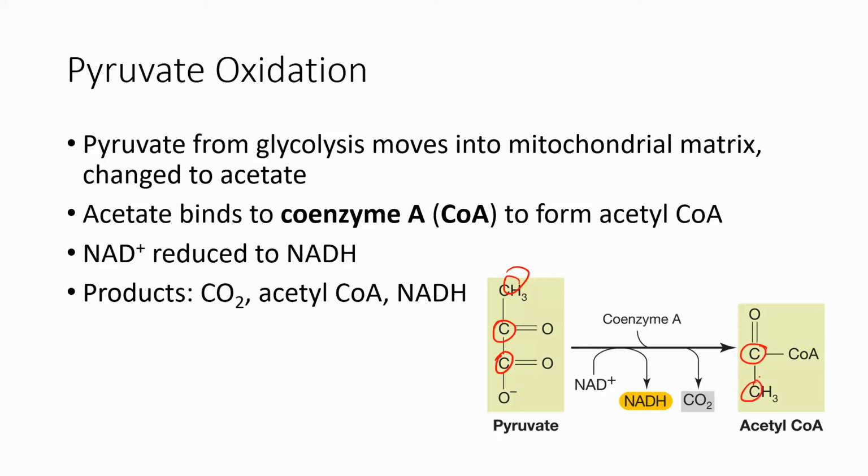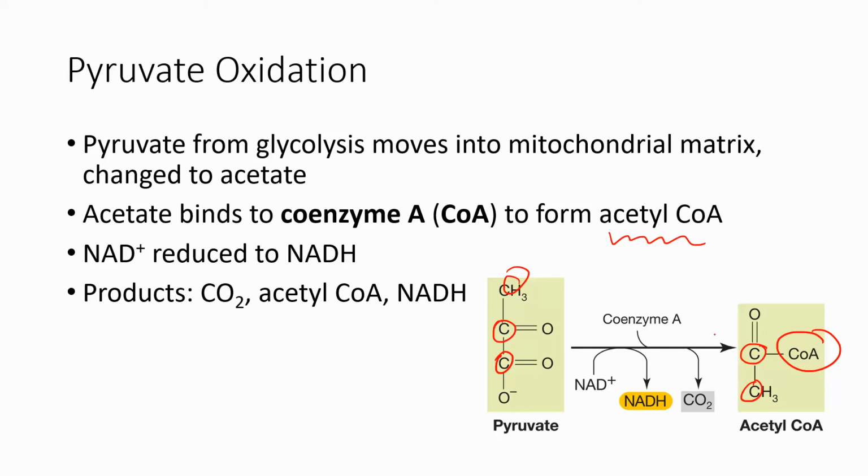This acetate gets bound to a molecule that comes in called coenzyme A, often called CoA for short. When the acetyl group gets bound to it, it forms another molecule called acetyl-CoA. Acetyl-CoA is then going to be sent on to the citric acid or Krebs cycle, where you're going to produce a lot more energy.